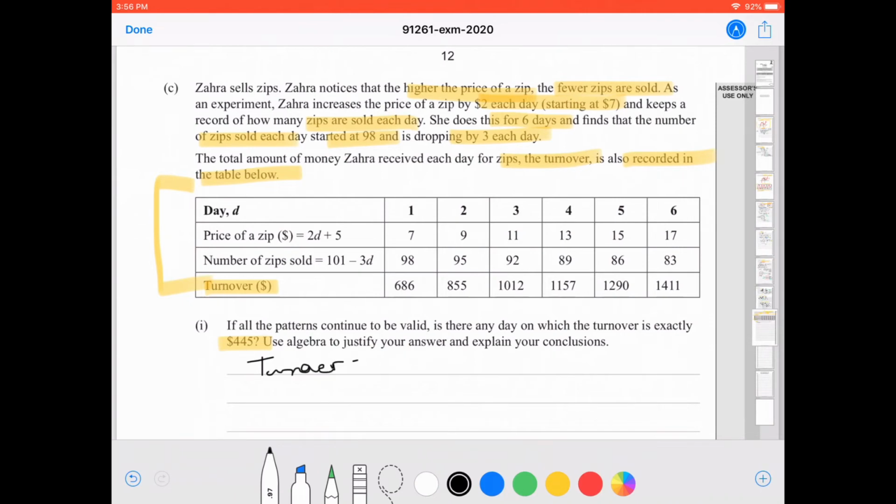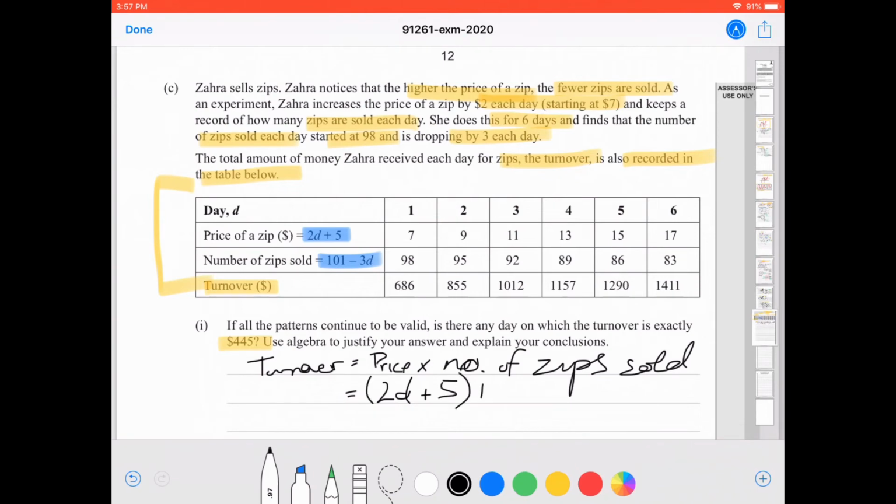Turnover equals price times, let's say, number of zips sold. And so we have been given equations for the price of a zip and the number of zips sold. So we can say turnover equals (2D plus 5) times (101 minus 3D). So that's our expression for the turnover.